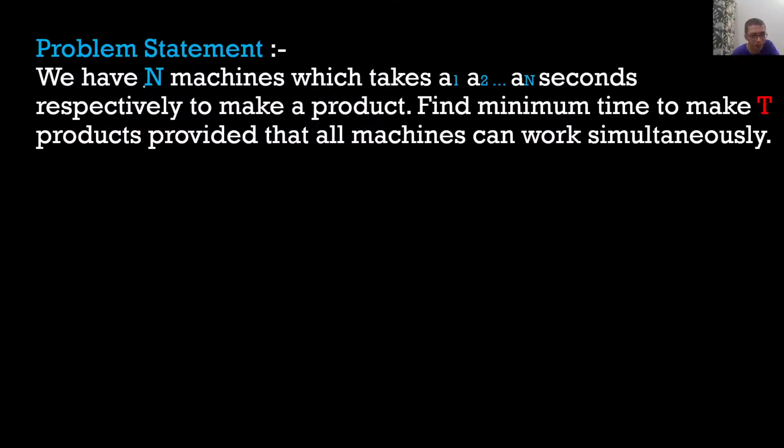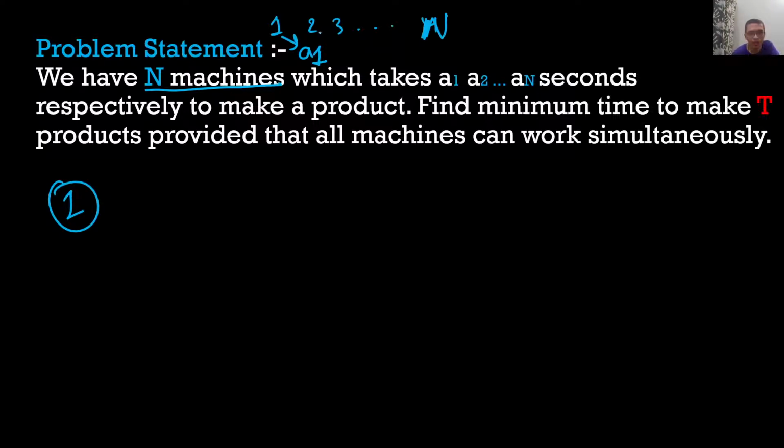The problem statement says that we have n machines which take a1, a2 and so on till an seconds respectively. Which means we have n number of machines, 1, 2, 3 and so on till n. The first machine will take a1 seconds to make one product.